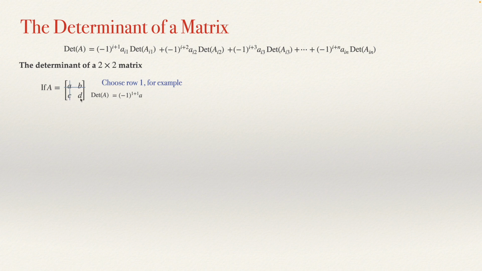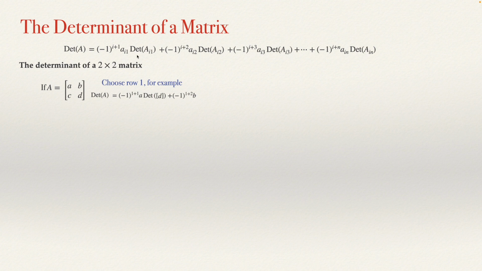This matrix will be just the matrix D, the matrix that has only this element D. So it will be the determinant of D, and this determinant is very easy. You don't know how to compute the determinant of a 2 by 2 yet, but this formula tells you how to compute it, because what you need to do is compute the determinant of a 1 by 1 matrix. Oh, we haven't finished. There is another term, because there are 2 elements in this row. So it will be plus minus 1 to the power 1 plus 2 multiplied by B, the element A sub 1,2.